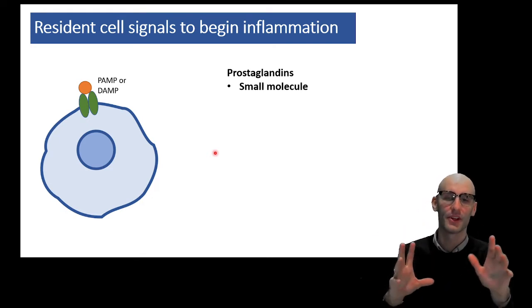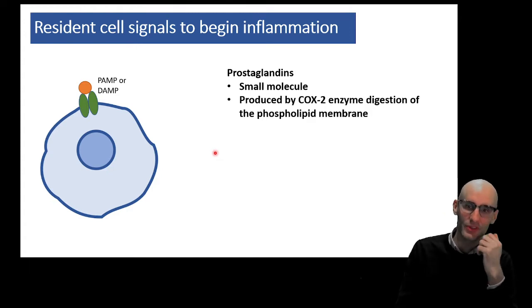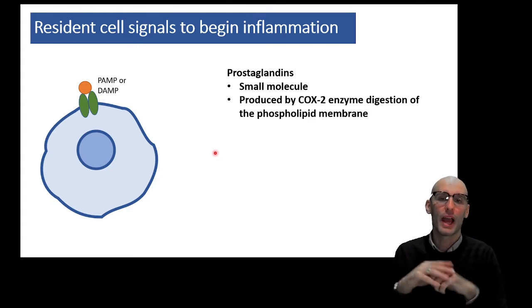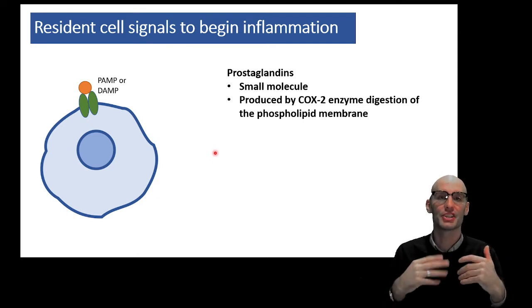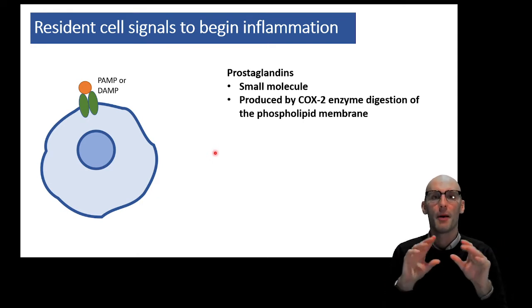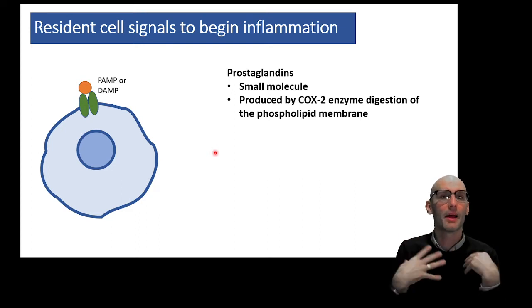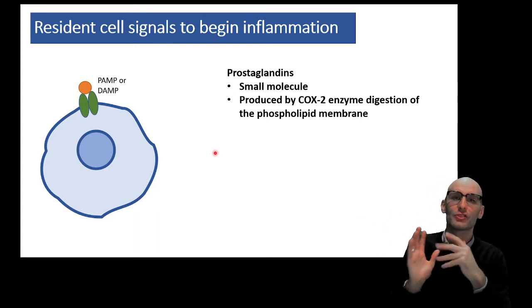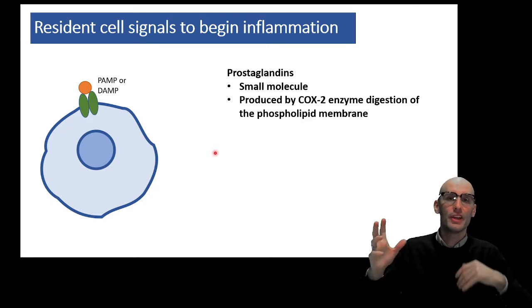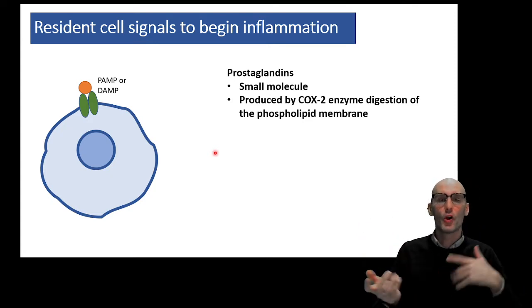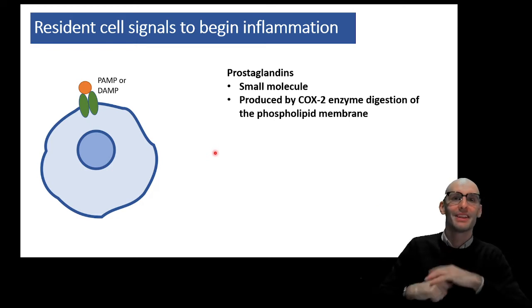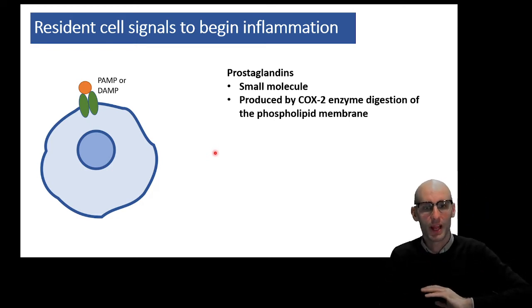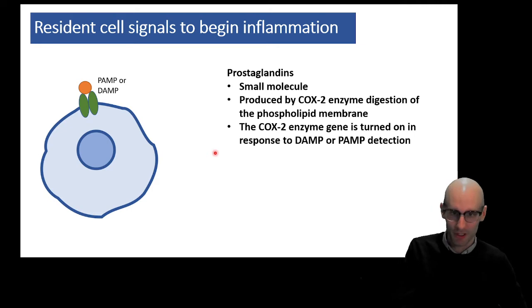And there's certain advantages and disadvantages to being a small molecule. It's important. So prostaglandins are small molecules, and they're produced by an enzyme called a COX-2 enzyme, which results in the enzymatic digestion of the phospholipid membrane. So there are lipids in our membrane, and our cell just uses that as a source of lipid molecules. So if you need a hydrophobic lipid molecule, you borrow some of the lipid from your membrane, digest it down into a signaling molecule, and send it out as a signaling molecule.